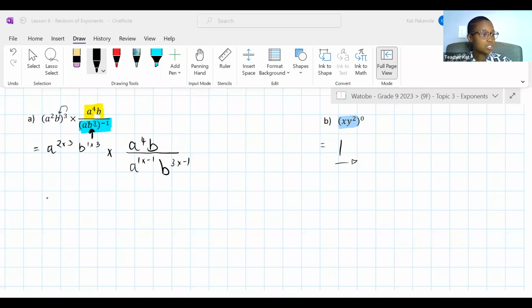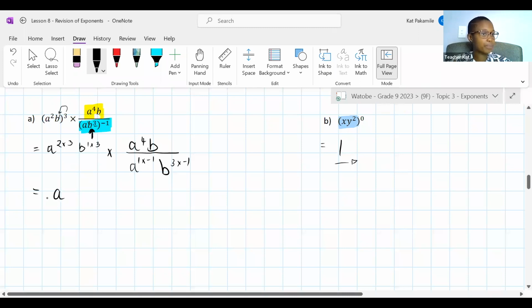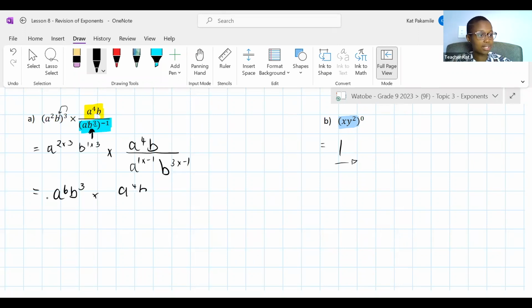Now we just simplify, okay? So it's going to be A. 2 times 3 is 6. B, 1 times 3 is 3. So 3 times A to the 4B, we just leave it like that. We go to the denominator now.